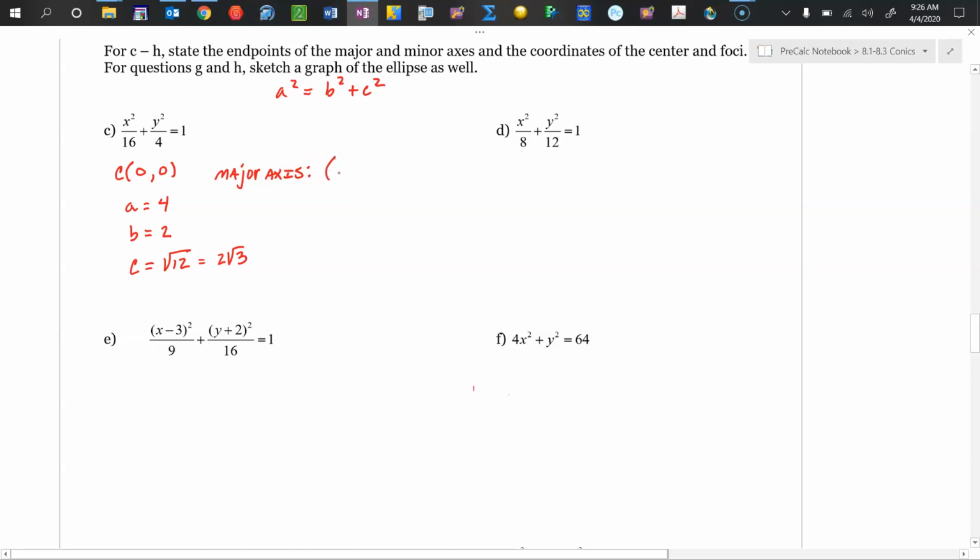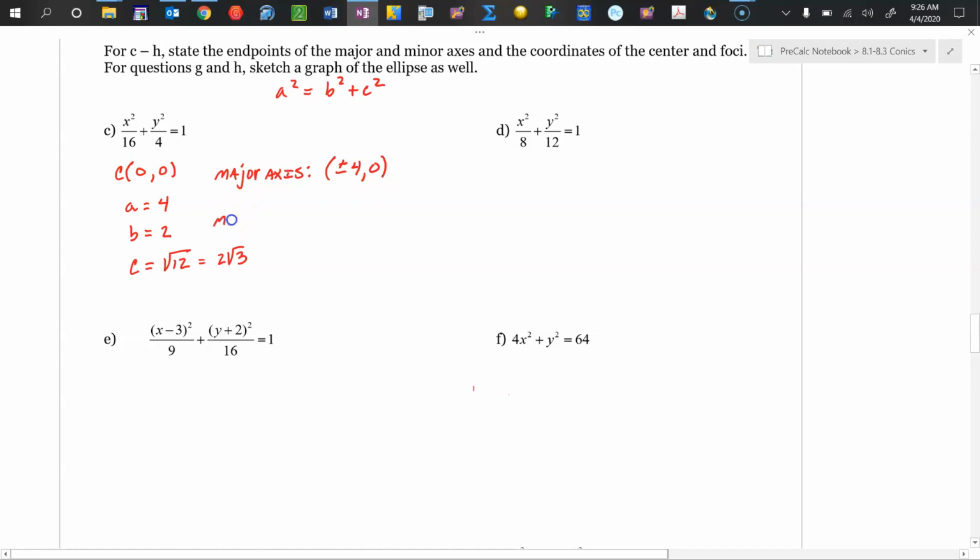If we start at 0, 0 and go 4 units, a, in each direction, because it's horizontal, we would do 0 minus 4 and 0 plus 4. So the endpoints of our major axis are going to be plus or minus 4, comma 0.